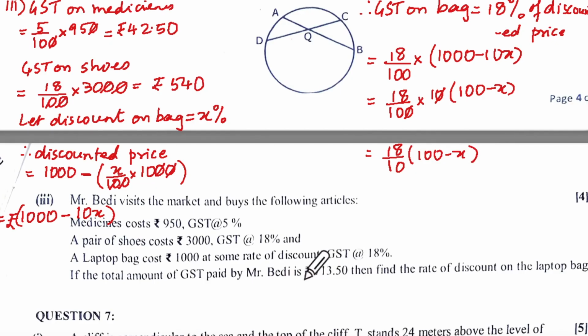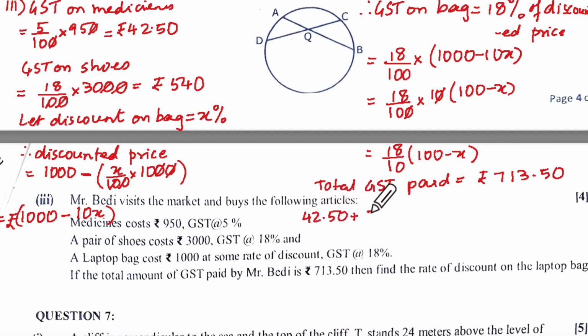Now total GST paid by him. So I'll write total GST paid is rupees how much? 713.50. So total GST will be 42.50 plus 540 plus 18 upon 10 into bracket 100 minus x.